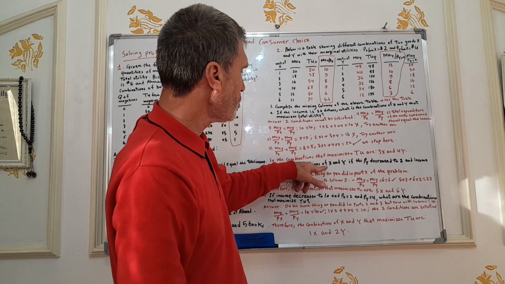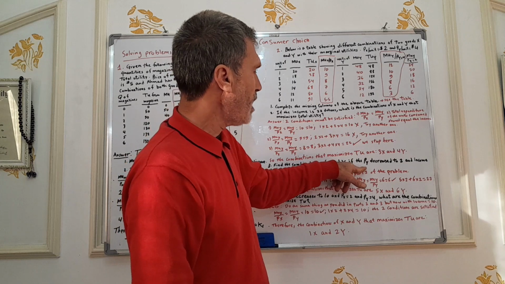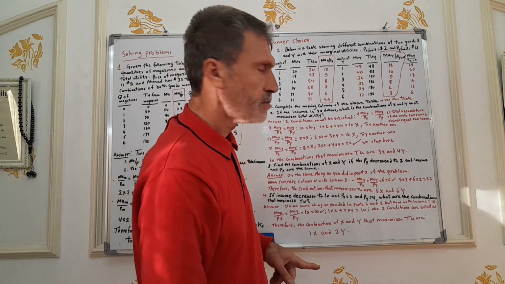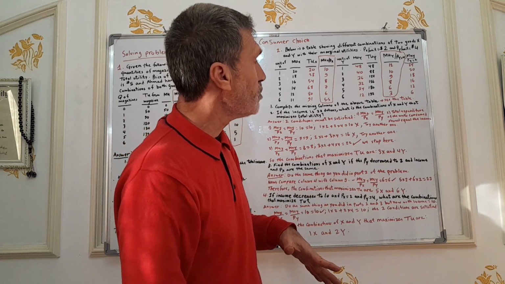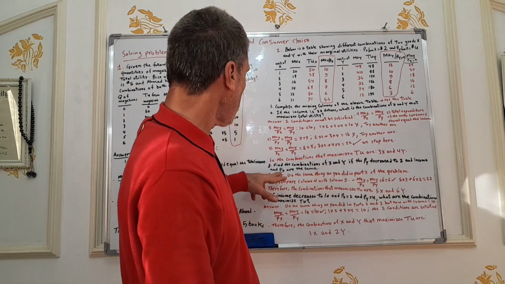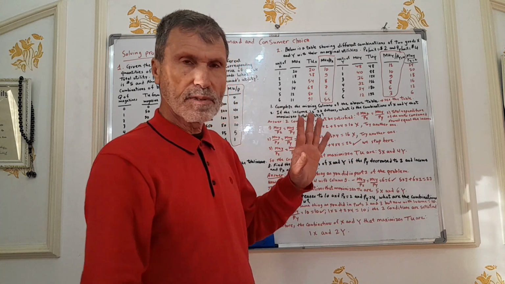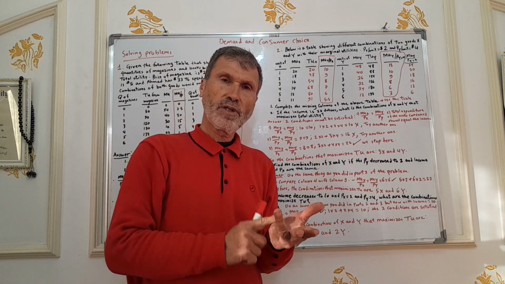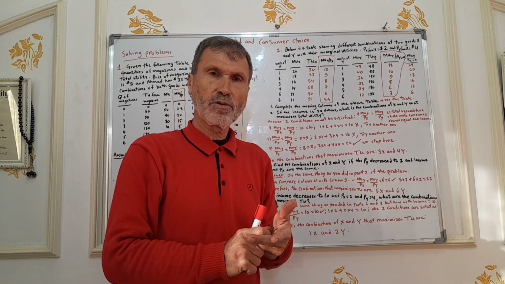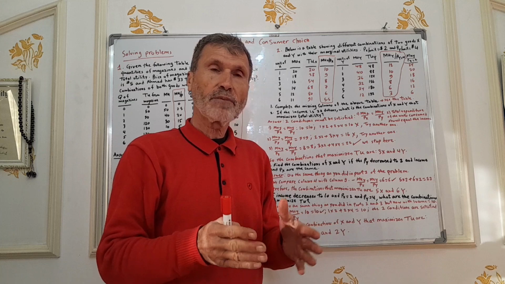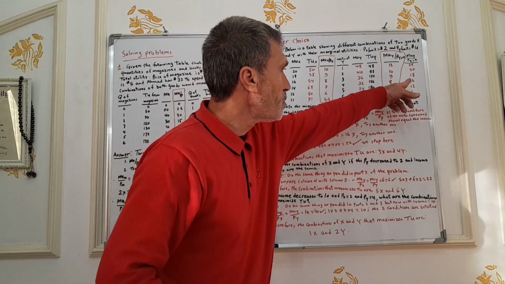Find the combinations of X and Y if the price of Y decreased to 2. The price of Y has now decreased to 2, and income and the price of X are the same. So income is 22, the price of X is still 2, and the price of Y becomes 2.